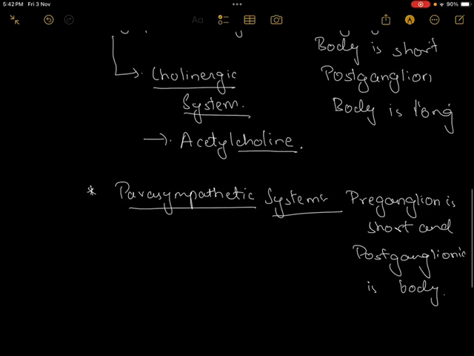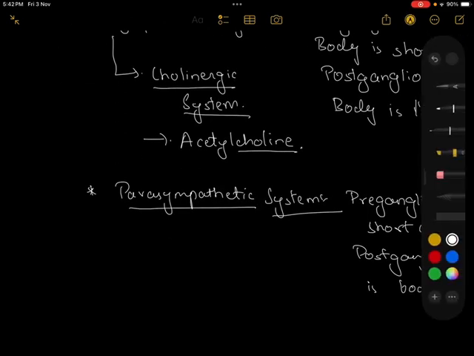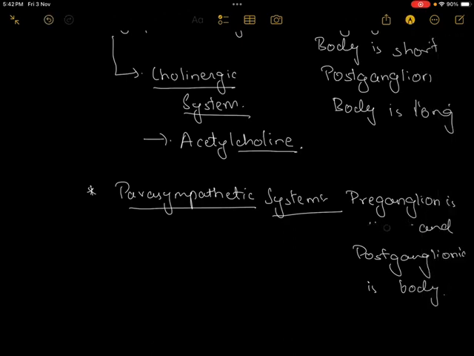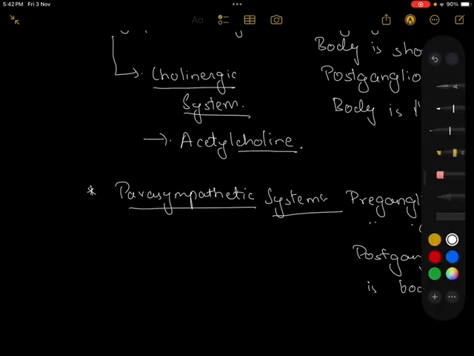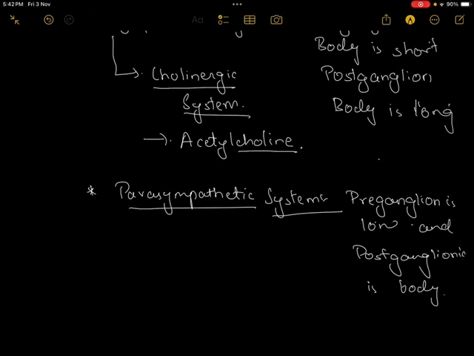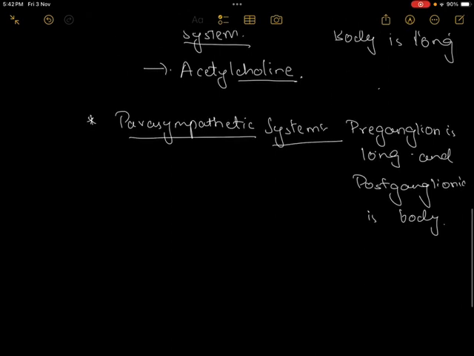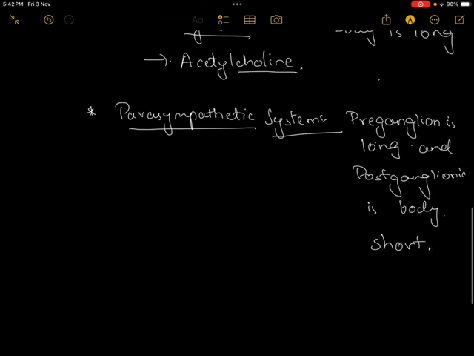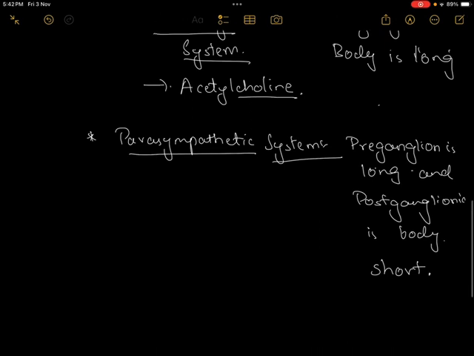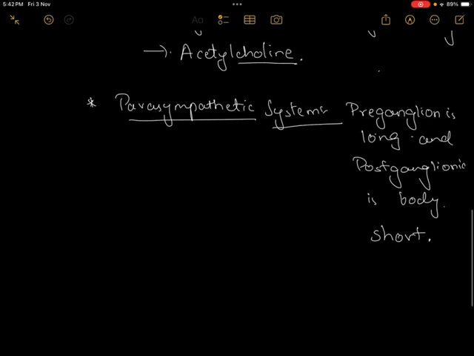And in terms of the sympathetic system, usually the preganglionic body is long and the postganglionic body is short. So what is the other name by which we could define the parasympathetic system?